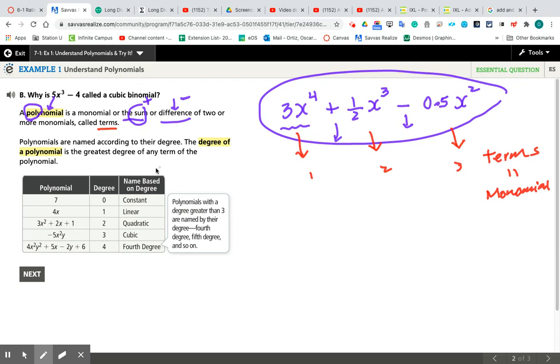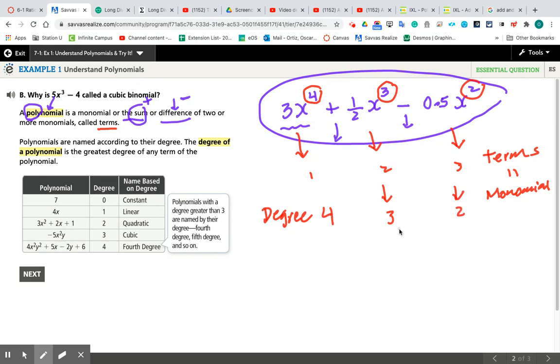So of course we can classify these polynomials according to the degree, but what is the degree right here? The degree, let's talk about degree. We already know the degree of this monomial is 4, the degree of this monomial is 3, and the degree of this monomial is 2.